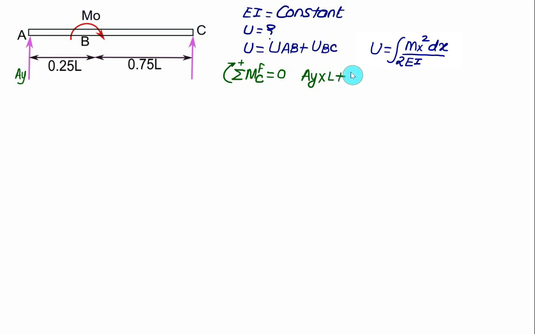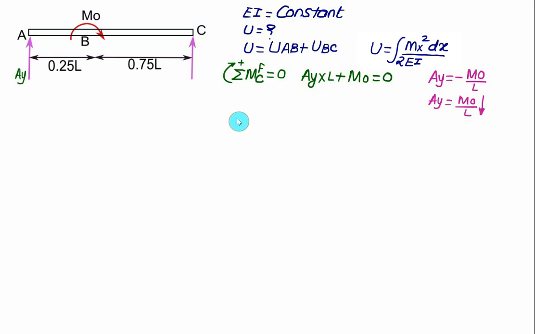M0 is clockwise, taken as positive, so this must equal 0. So we get Ay equal to minus M0 divided by L. This answer is negative. It means that the value of Ay is M0 divided by L. We have assumed it upward, so it will act downward. So this one correction you have to show first.